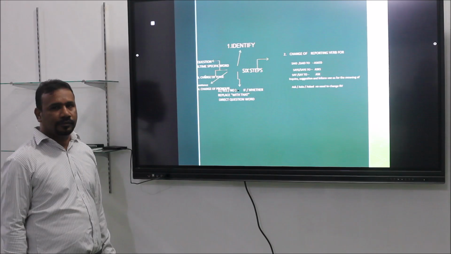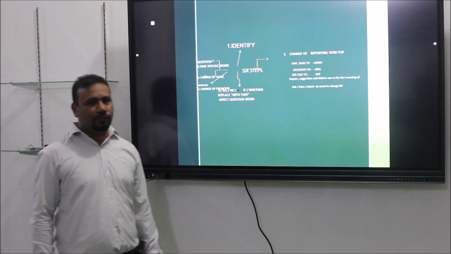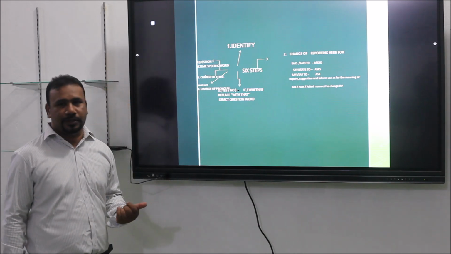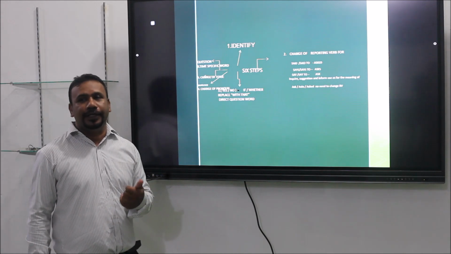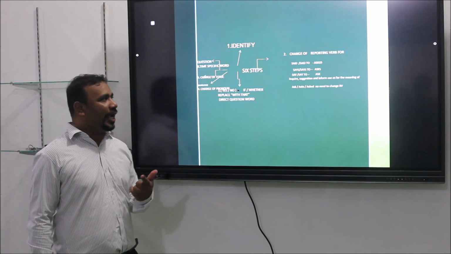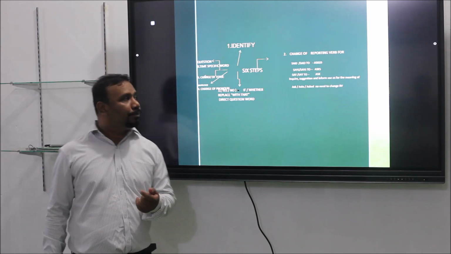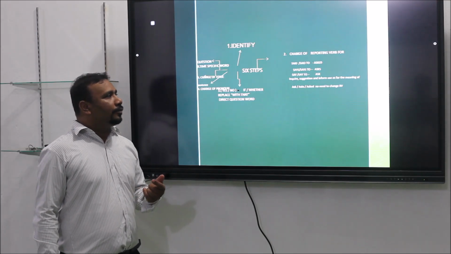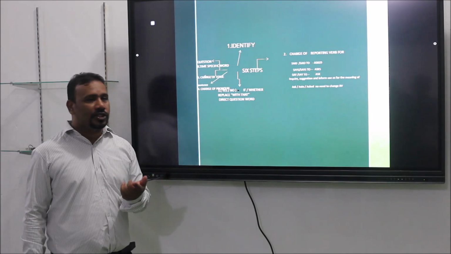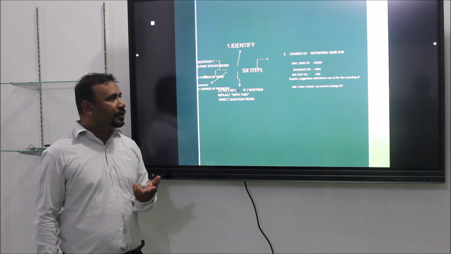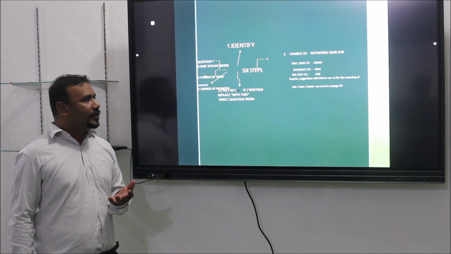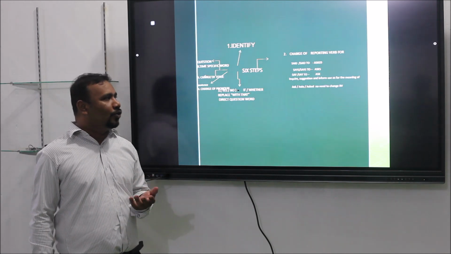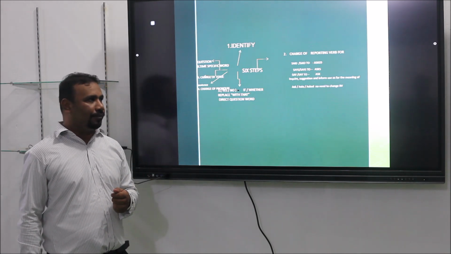Now, in order to make questions into indirect speech, there are six steps that we should know. First, we have to identify the question. Second, change the reporting verb. For example, said or said to becomes asked; says to becomes asked; say or say to becomes asked.